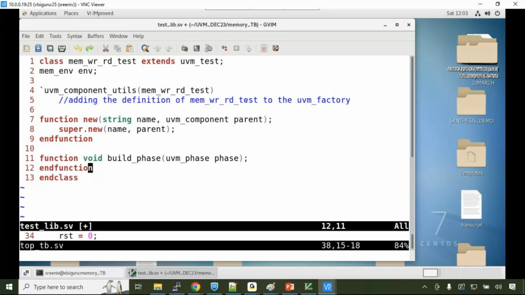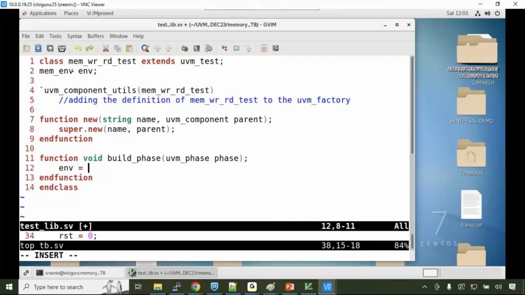Now you may be thinking, what is build phase? It is used to create my children. For test, who is the child? Environment is the child. For mem write read test, who is the child? Environment is the child. So in the build phase, we create the children.